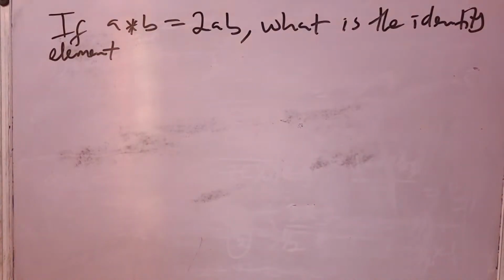We're dealing with a binary operation right here. I want you to give me my answer quickly. It's quite simple, but I want you to make your attempt before I go on to solve.